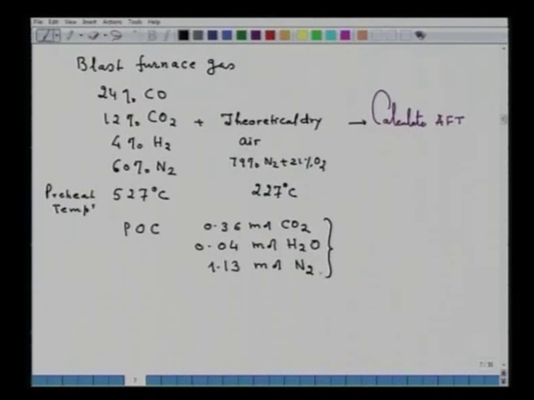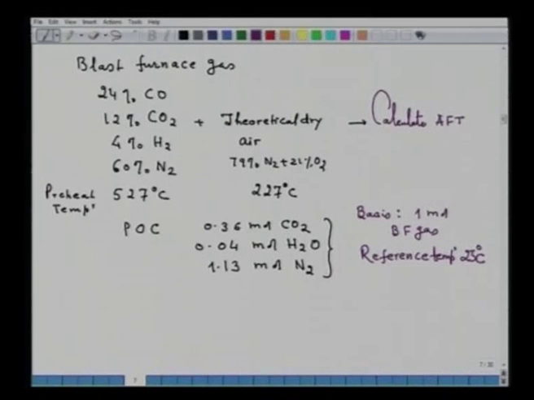Now, I have taken the basis 1 mole blast furnace gas and reference temperature 25 degrees Celsius. So, now I have specified everything.